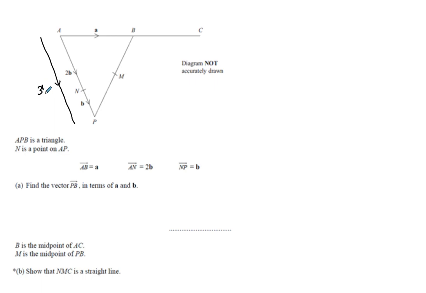And just by writing that, I just feel like I've done something, I'm one step ahead. AB is A, AN is 2B, and NP is B. Find the vector PB. So we're going to find PB.